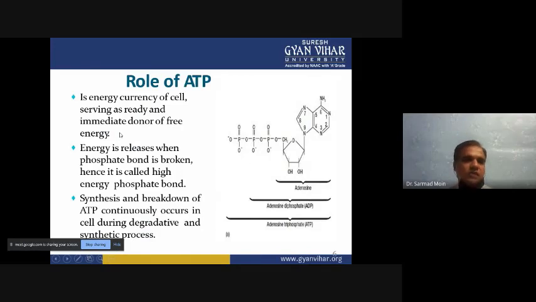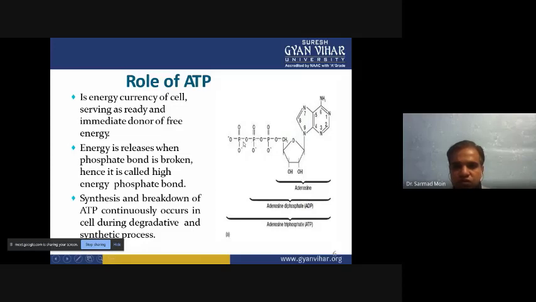Then the role of ATP. See, this is the structure of ATP. Here you can see the adenosine molecule is there. One pentose sugar is there, and through the pentose sugar one adenosine is attached, and three phosphate molecules are there. This is phosphate number one, number two, and number three.